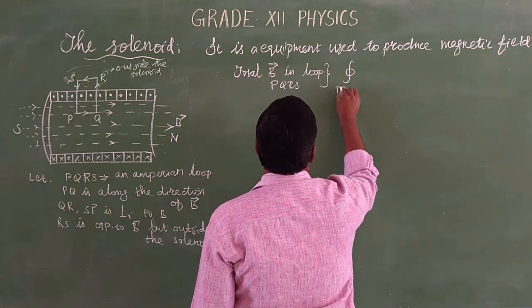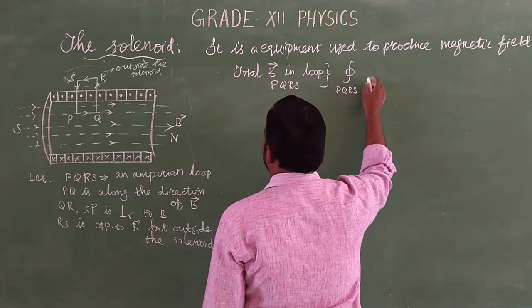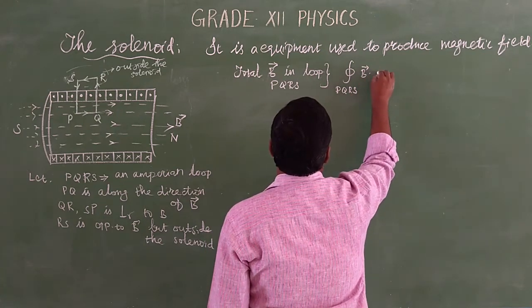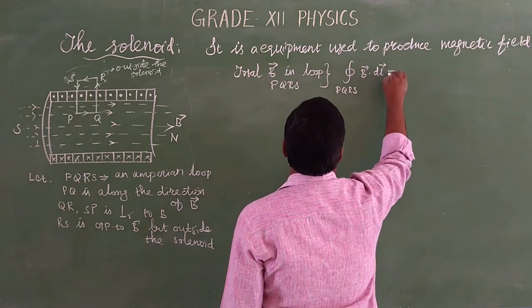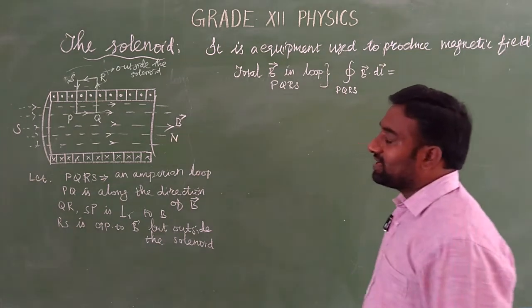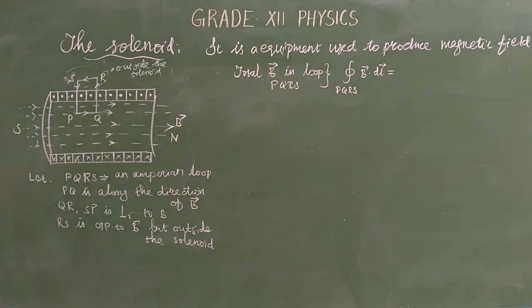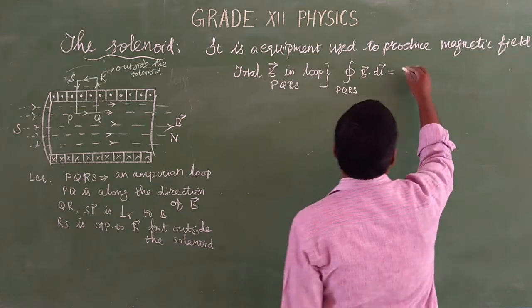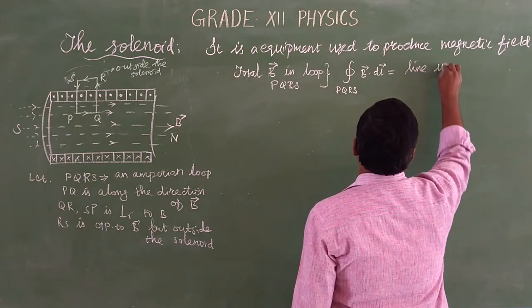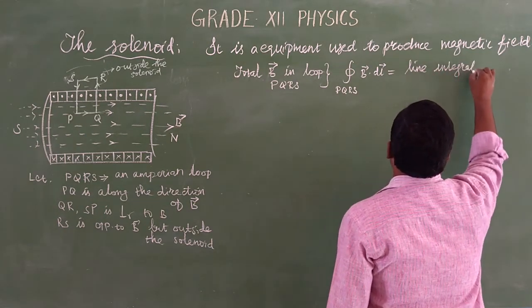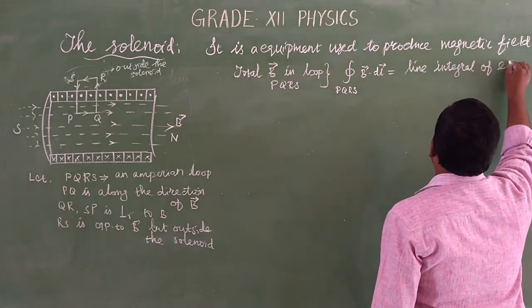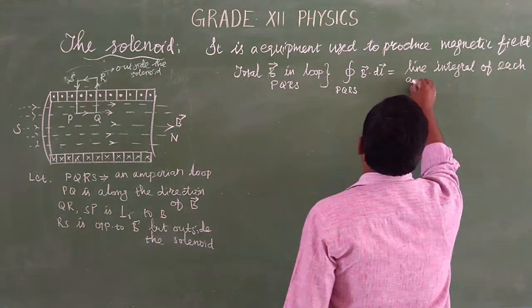So closed integral PQRS of B vector dot dl vector is equal to the line integral of each arm, which is equal to the line integral of the magnetic field on each arm.